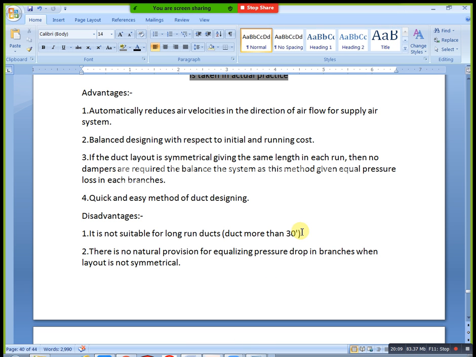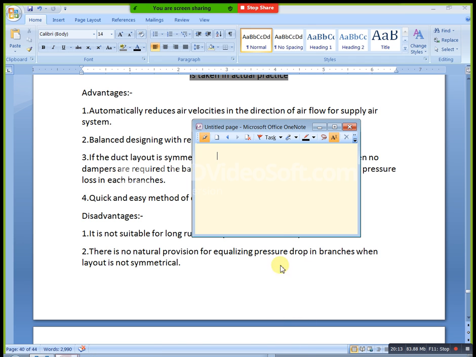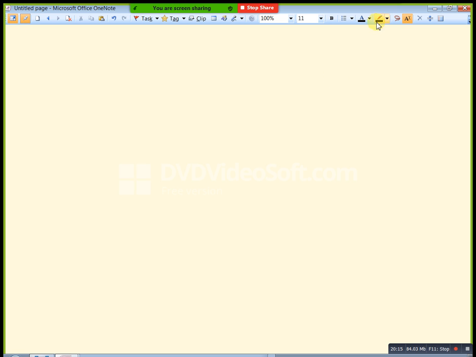just you can see, for example, this is my same mission. Okay, I have my duct like this, and here I have one branch, and here I have one branch.